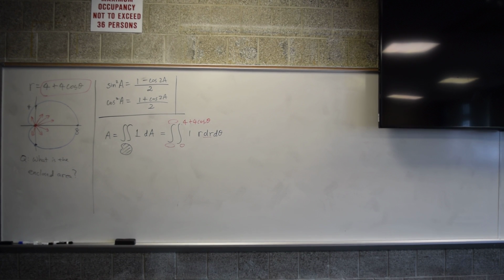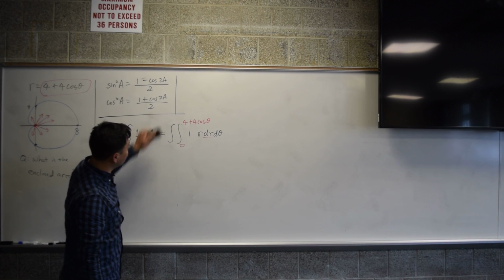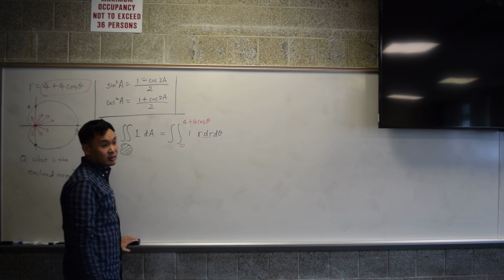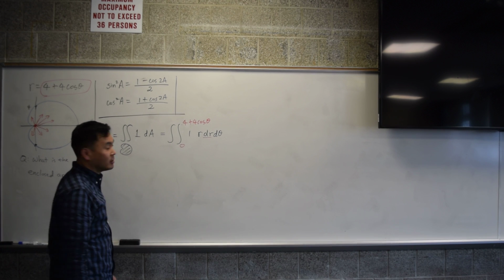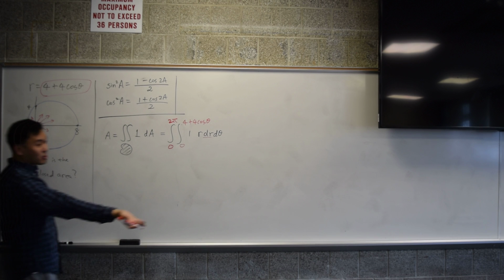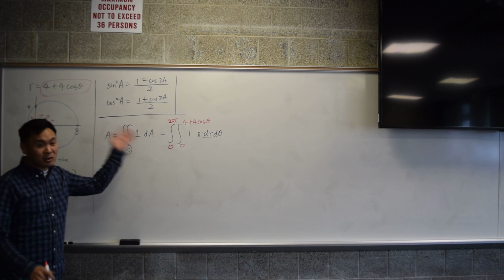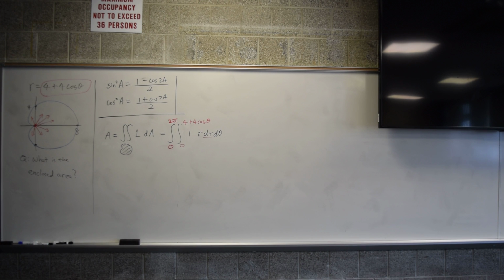And then what about the thetas? It goes all around the circle, right? So it goes from 0 all the way around, 0 to 2 pi. And if we compute this, that's it. That's how you get the area.